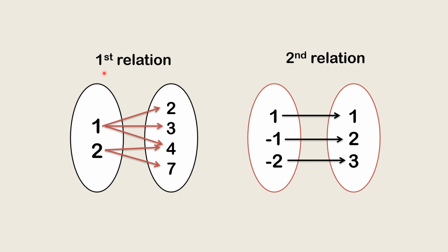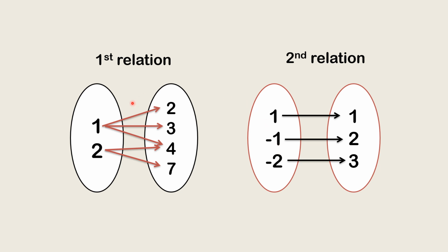First relation and second relation. Okay? Na wherein, etong dalawang relation na to, naka-illustrate sila using mapping diagram or arrow diagram. Tama ba? Mapping diagram and arrow diagram, one way on how to describe or illustrate a relation.